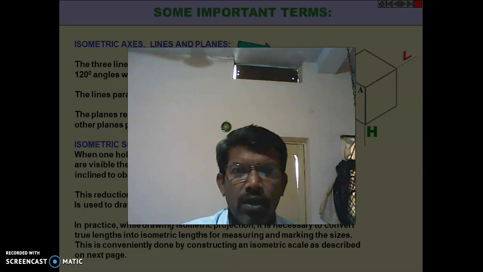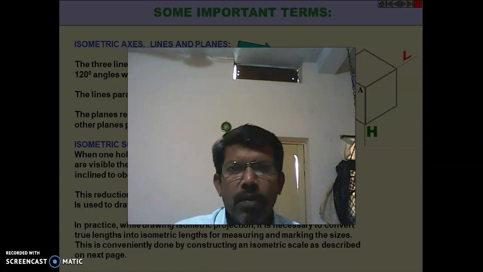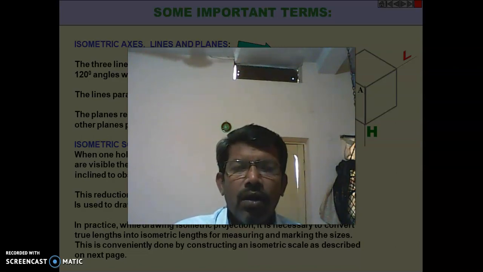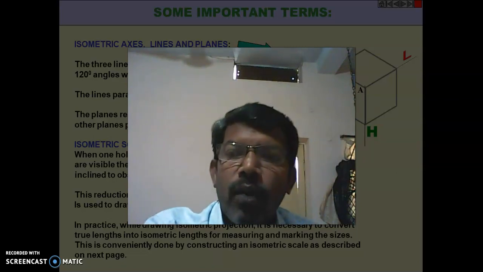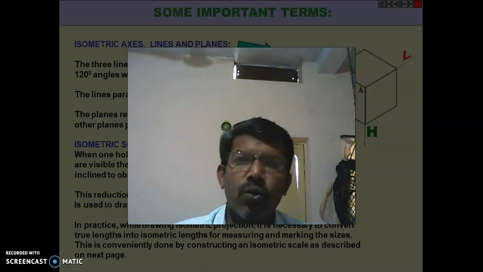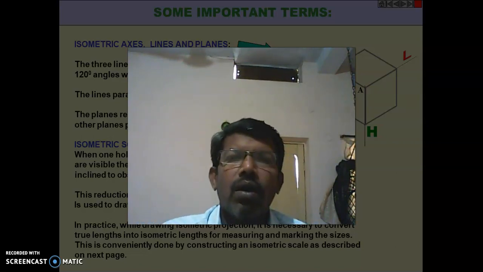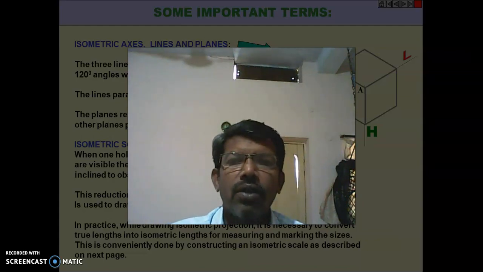Before going to that, we should know some important points about the three-dimensional view that you have to take into consideration: how to start the three-dimensional pictorial view, on which side you have to take the length, on which side you have to take the depth or breadth of the object, on which side you have to take the height of an object, and what should be the angle between these two lines, and all these things.